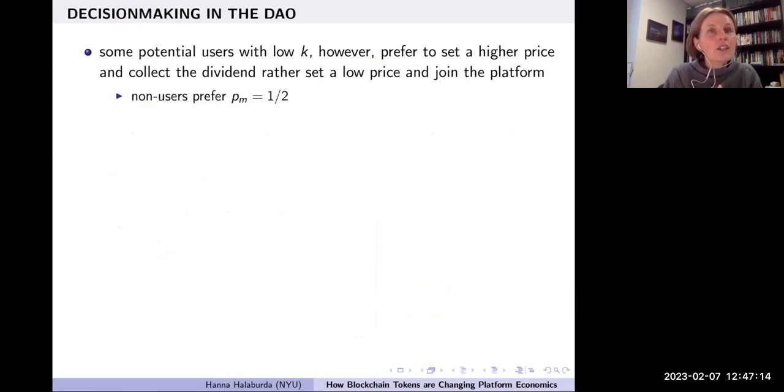If I know that at a higher price I'm not going to be using the platform, I want to set the price equal to the monopoly price because I want to maximize my dividend. But if I know that I will be using the platform, actually the price that I will be paying outweighs the dividend. So I want to set the price to 0 and not pay the price and not get the dividend.